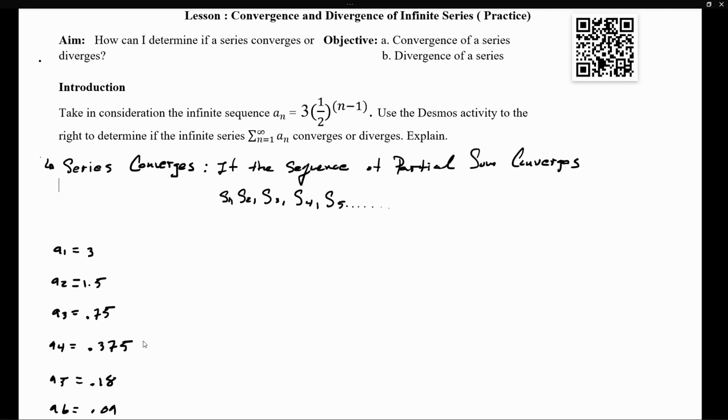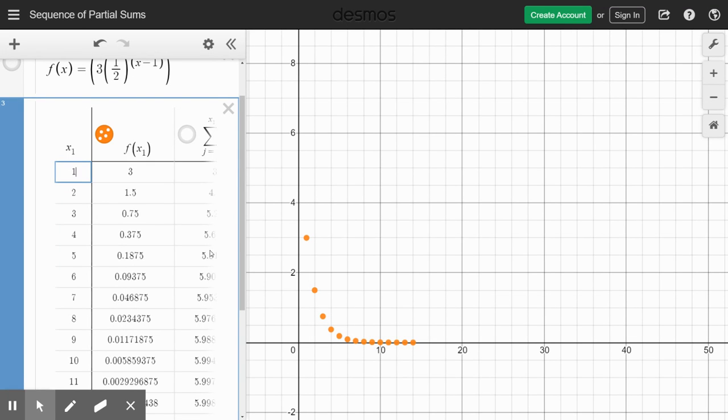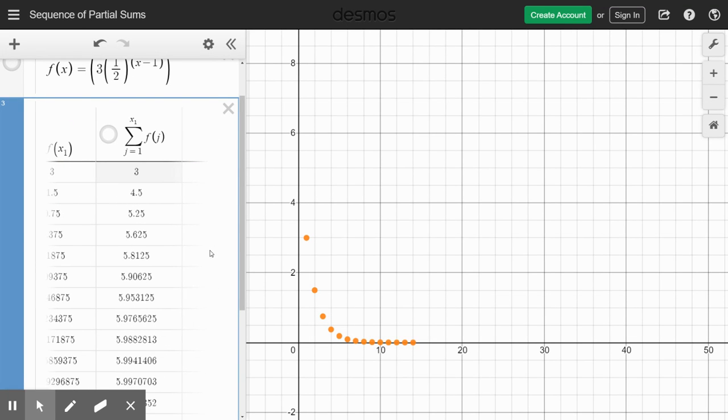We want to see the sequence, and it seems to be decreasing in value as we move up in terms. But we don't use the terms to determine if the series converges. What we need to use is the actual partial sum. For that, our second row is the partial sum.